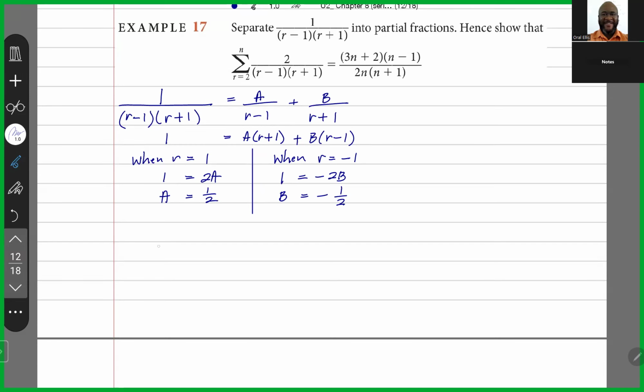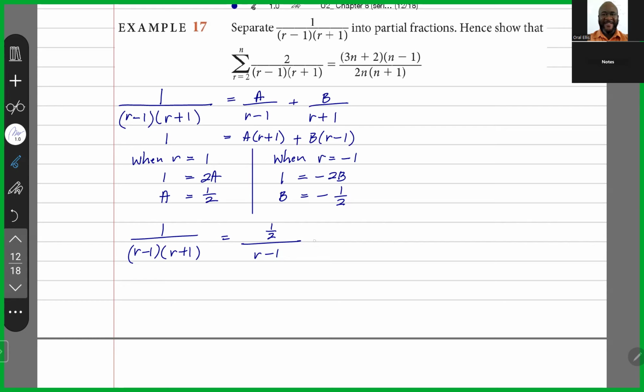And so 1 over (r minus 1)(r plus 1) would be equal to a half over r minus 1 plus minus a half over r plus 1.